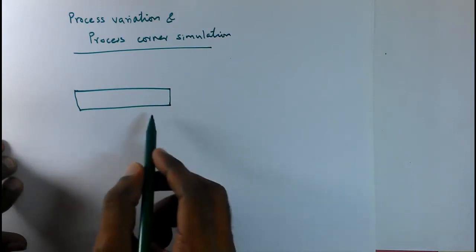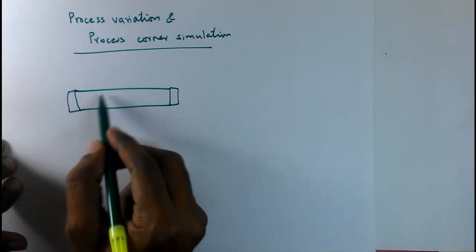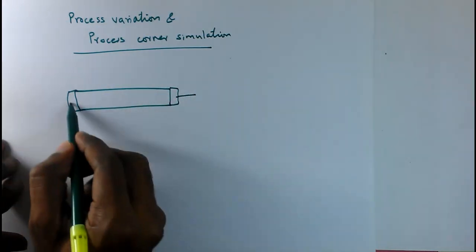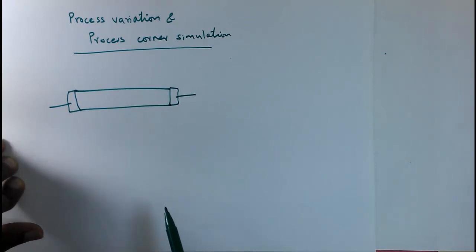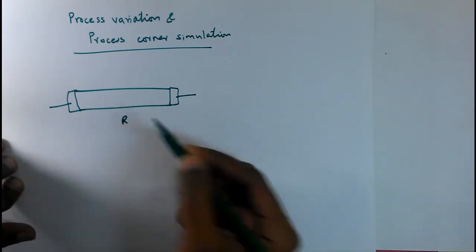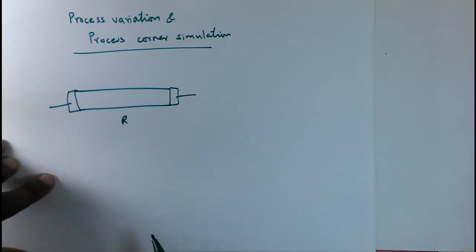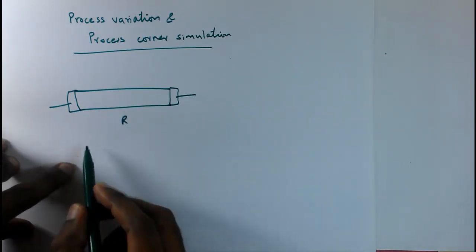Suppose I made the resistor like this. So this is the resistive area, this is the contact. This is what we draw in layout, and we are expecting a resistance value of R. But in reality, when you do the process in the IC, you will not get exactly the same shape.